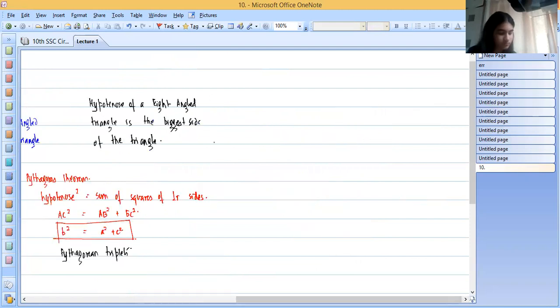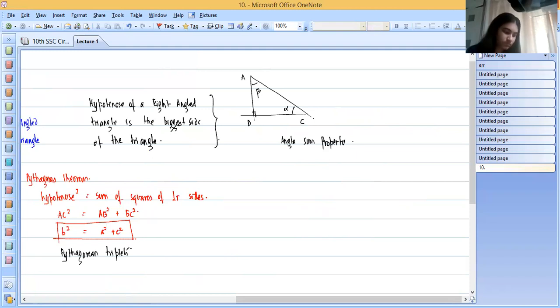This is because in a right angle triangle, this angle is 90 degrees. Suppose this angle is alpha and this angle is beta, then by angle sum property, alpha plus beta plus 90 is 180. So what is alpha plus beta? 90.